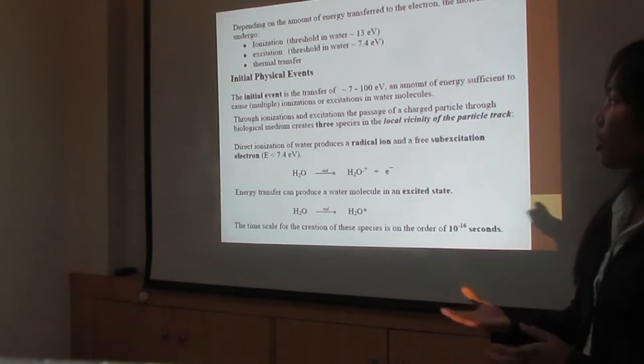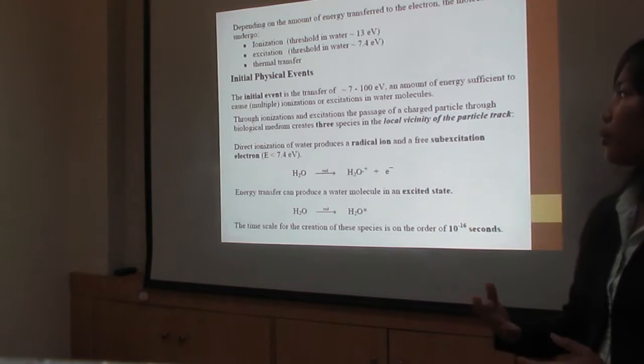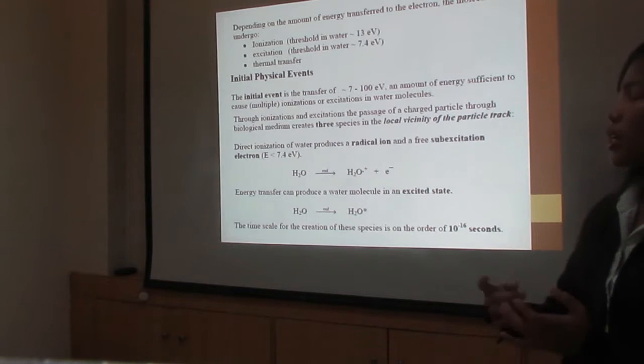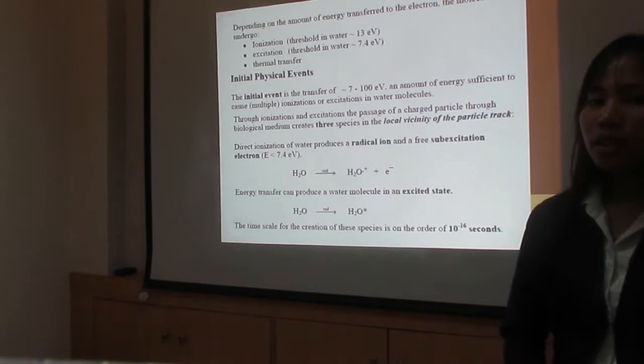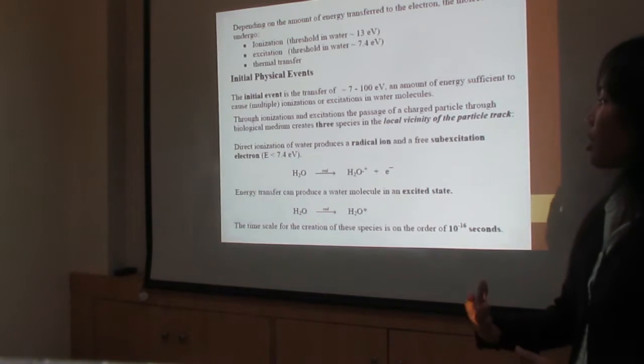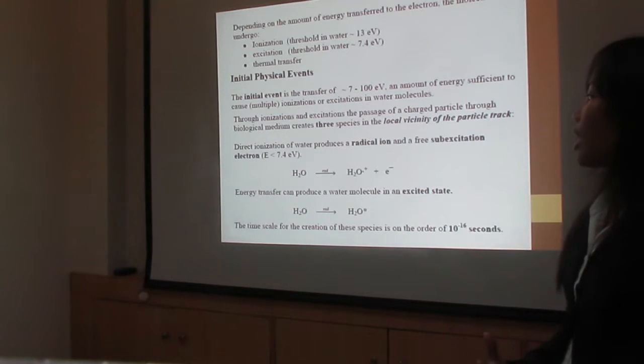Through ionization and excitation, the passage of a charged particle through a biological medium creates 3 species in the local vicinity of the particle track. Direct ionization of water produces a radical ion and a free sub-excitation electron.